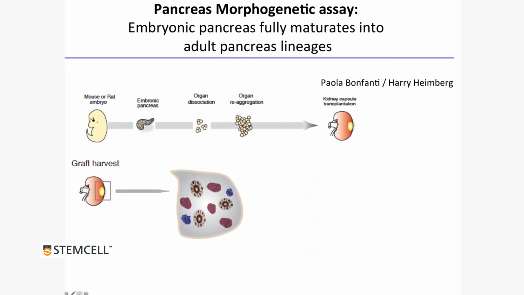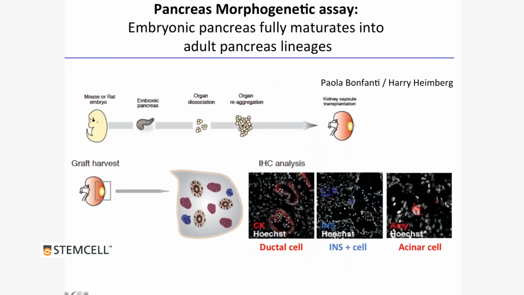Paola first generated this morphogenetic assay where she dissociated embryonic pancreas and put it into the kidney capsule. She observed that this embryonic pancreas in the kidney capsule of the immunodeficient mice keeps differentiating and generates all the three cell types present in the pancreas epithelium: ductal cells, endocrine cells, acinar cells.